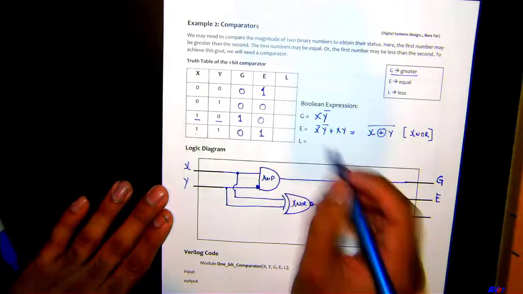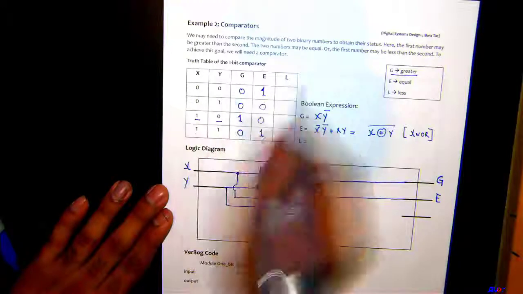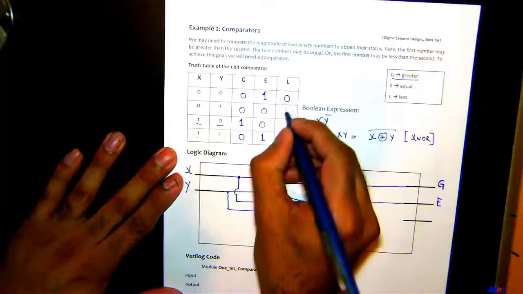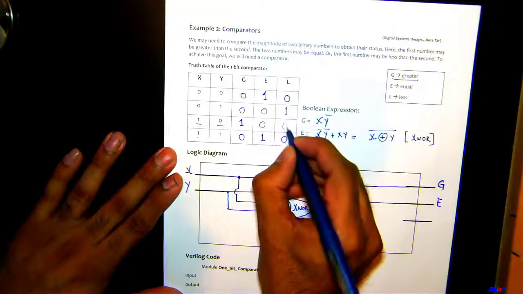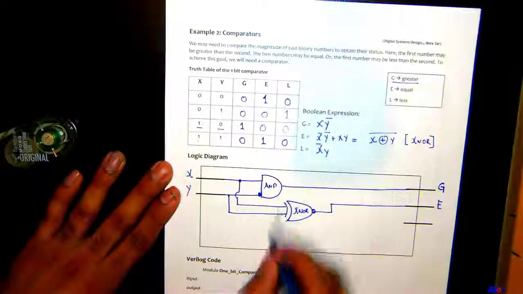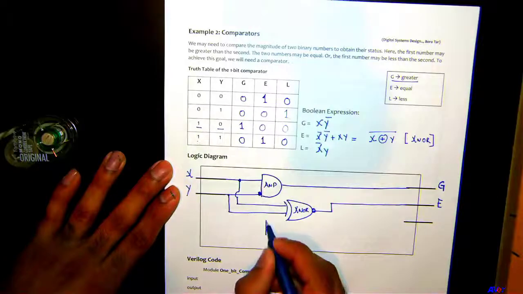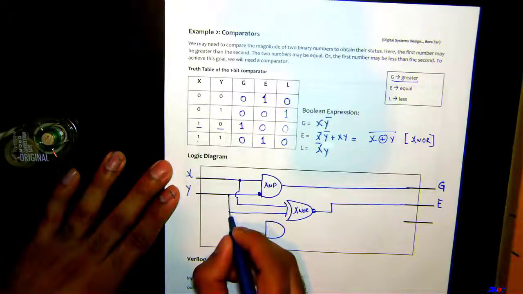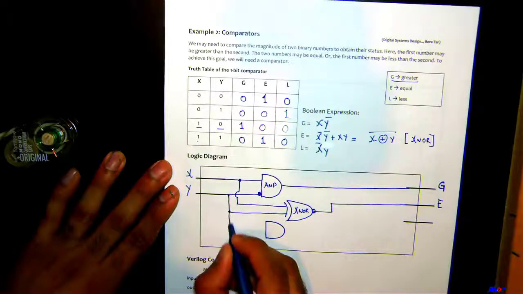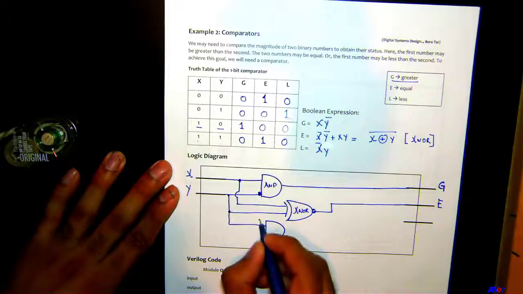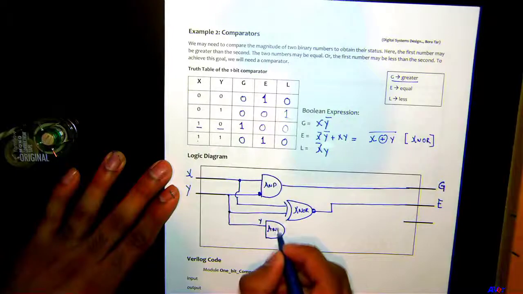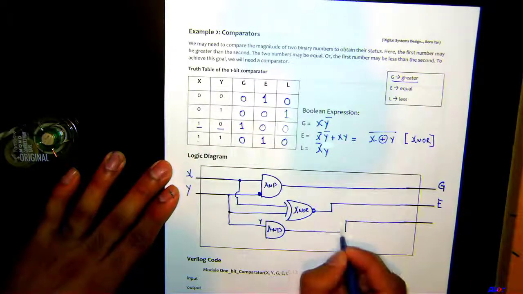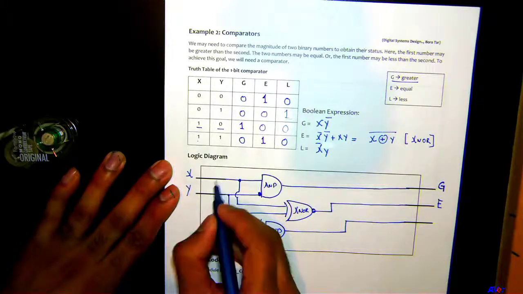What about L? x, y both are 0, so this is going to be 0. So this will be 1 and this will be 0. x bar y. So I'll just make another AND gate right here. I know this is my y, and this is my x right here.